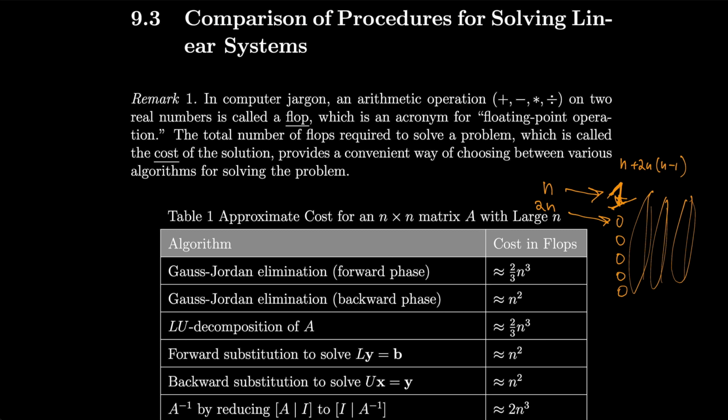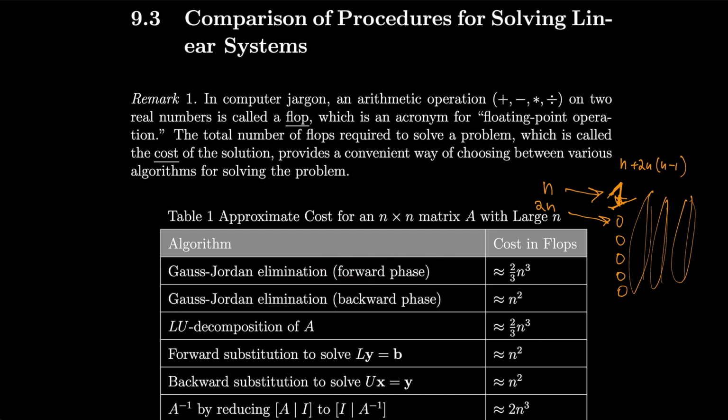Eventually you get a third degree polynomial, and we approximate it with just the leading term, which is 2/3 n cubed. That's the forward phase of Gauss-Jordan elimination.